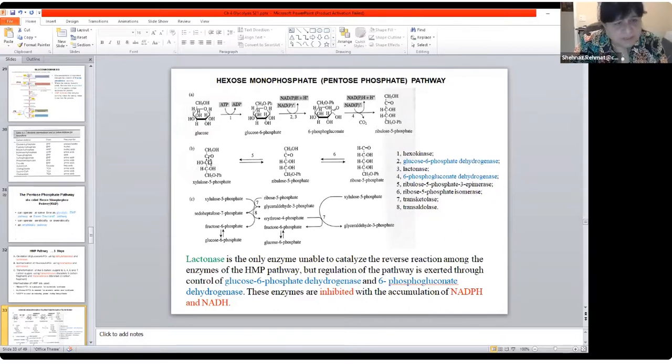Now comes the second series of reactions, where your ribulose 5-phosphate you have created can either use an epimerase to go towards xylulose 5-phosphate, or use an isomerase to convert it into ribose 5-phosphate. So this is just interconversion by epimerases and isomerases.